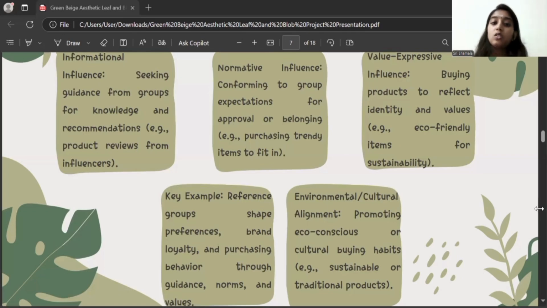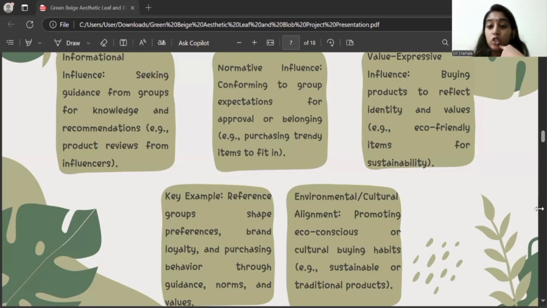The last one is environmental and cultural alignment. This is when a reference group promotes ethical, sustainable, or culturally significant choices. For instance, members of eco-conscious groups can influence others to buy biodegradable products to avoid single-use plastics.